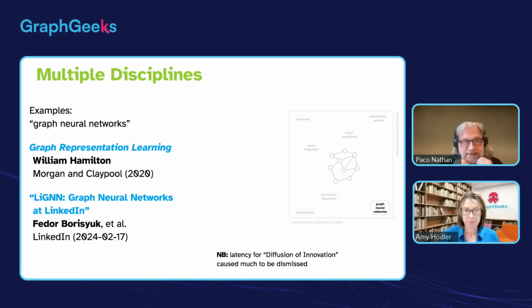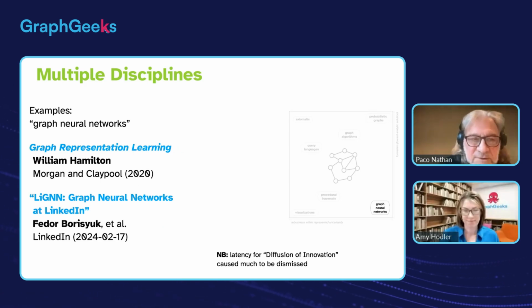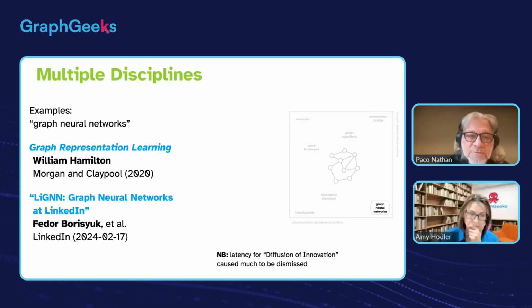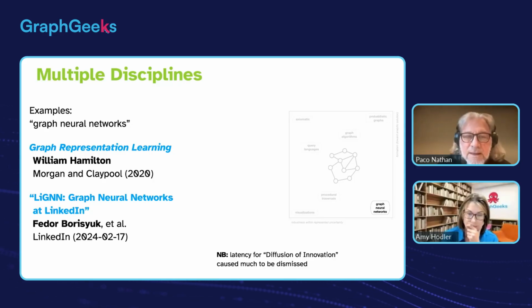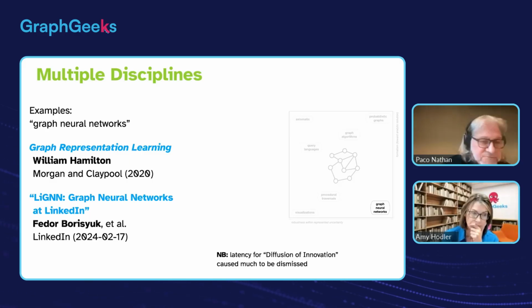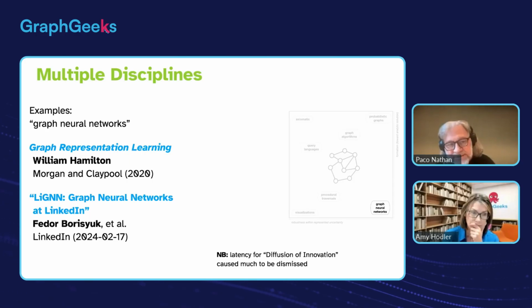And let's shift over completely. We'll talk about graph neural networks. And this is something that's typically called graph representational learning. There's an excellent book. William Hamilton was a graduate student at Stanford out of Jure Leskovec, who had really led a lot of innovation there.